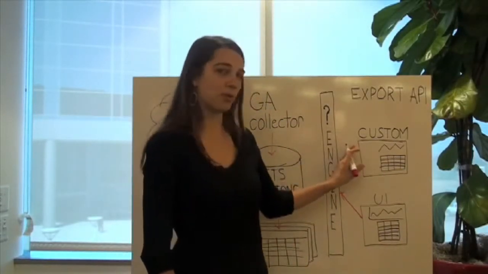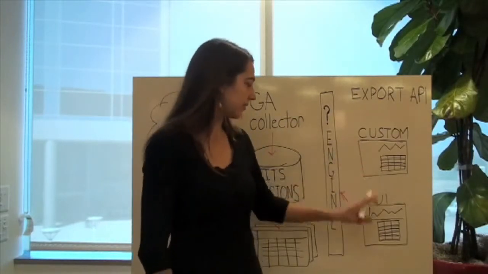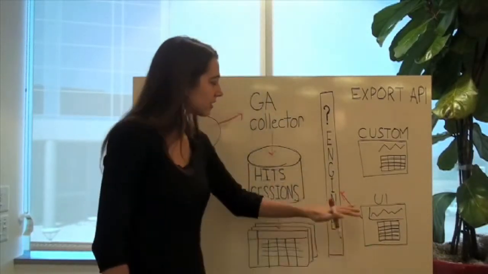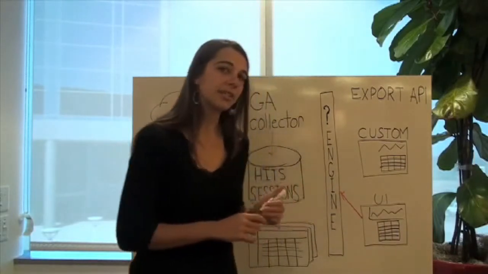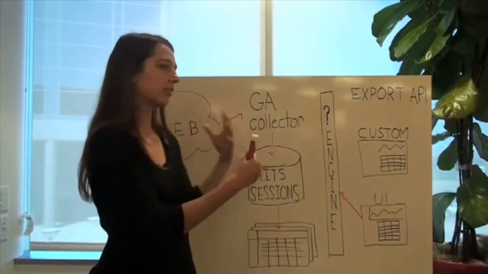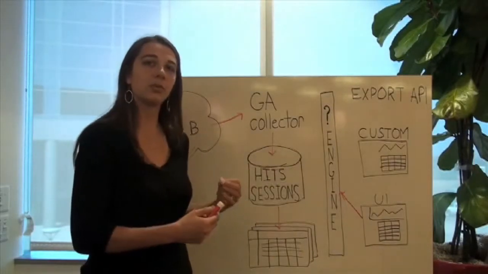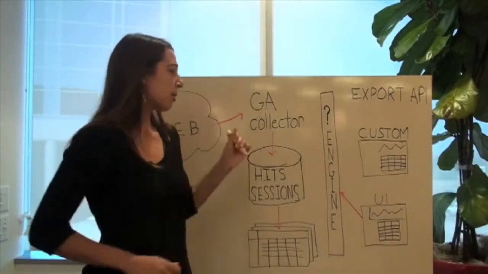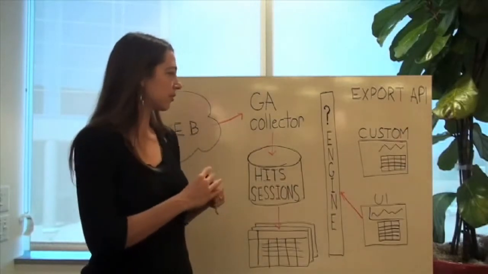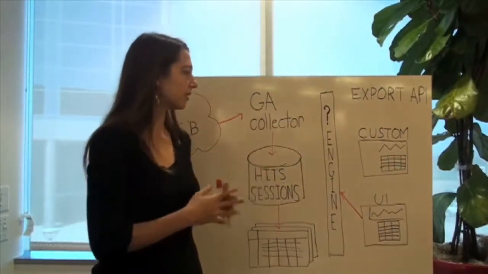The custom reports give you an alternative to the pre-existing reports. Whereas in the UI you're directed to particular areas of interest, like let's look at a geographic breakdown of activity, or let's break it down by what search keywords brought people to my site. But now, what if you want to drill down across those different questions?